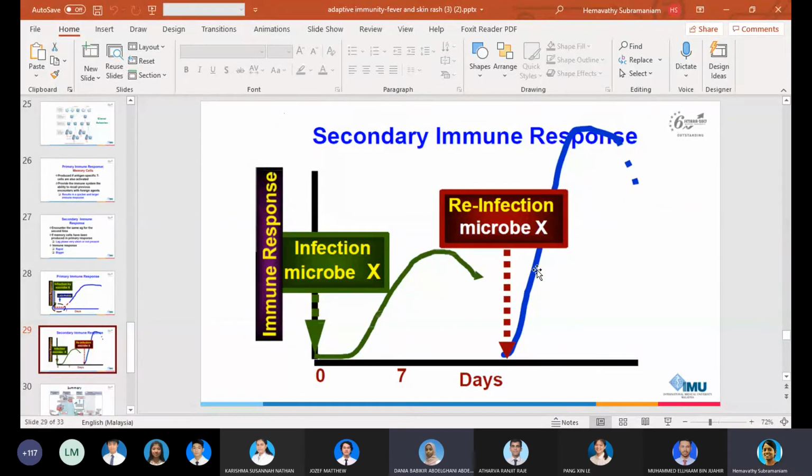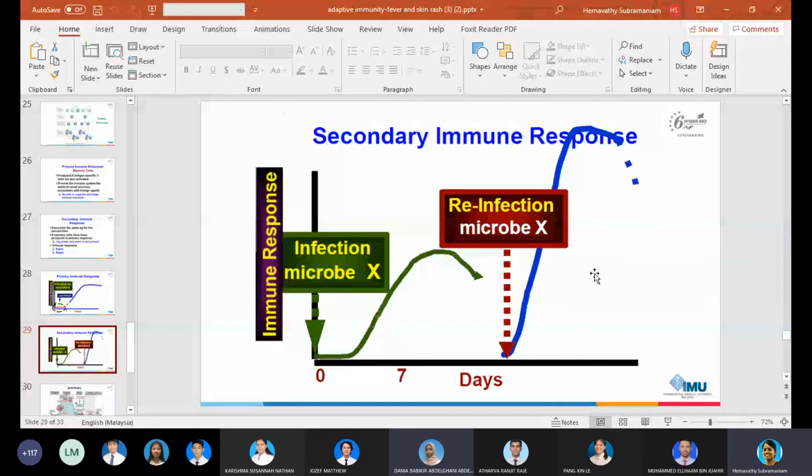The presence of these memory cells makes the response quicker and also higher, because it has faced the microbe X. The immune response in the y-axis, is it measuring the amount of memory cells, or what is it measuring exactly?